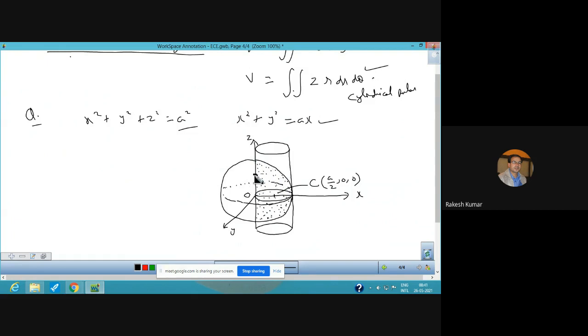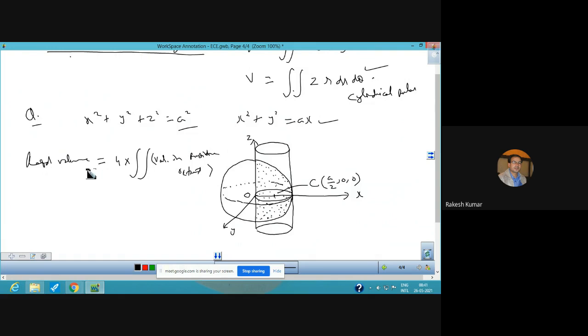So the required volume will be 4 times the volume in the positive octant.